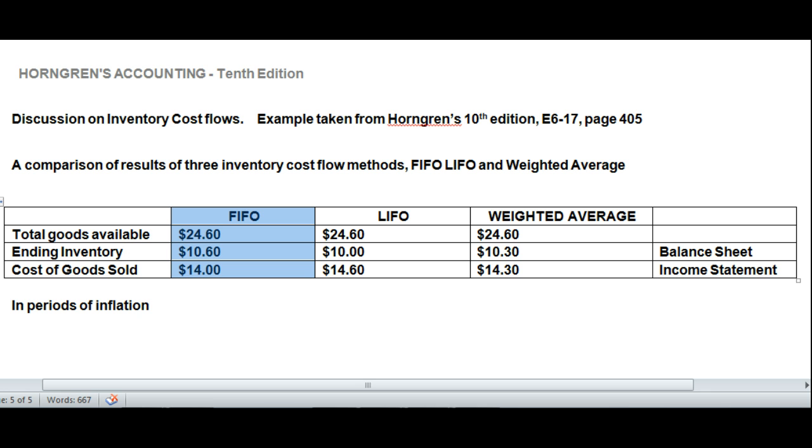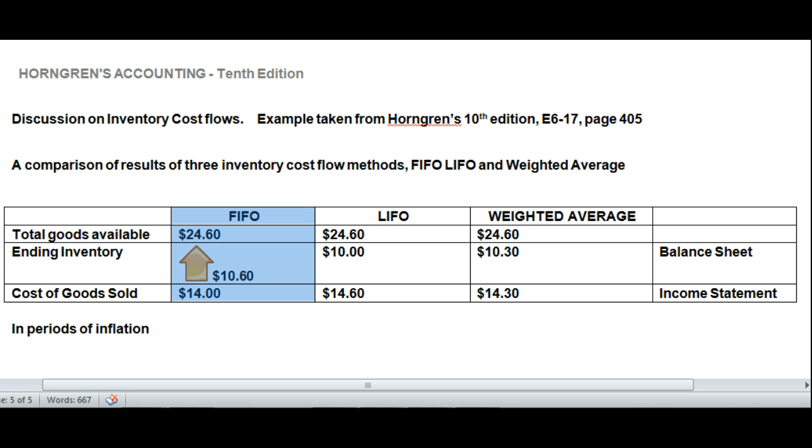Let's look at FIFO now and the effects that it had on our numbers. Ending inventory under FIFO was greater than it was under either LIFO or weighted average. The first items in are the first items out, and in a period of inflation, the last items that you purchased would be remaining on your balance sheet because the first items were costed out.